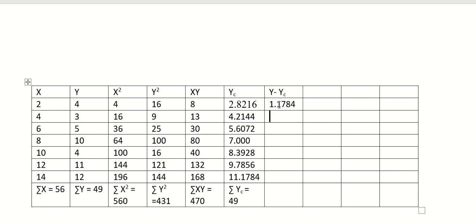Then again minus 1.2144, minus 0.6072, minus 4.3928, 1.2144, 0.8216, and the total difference is 0.